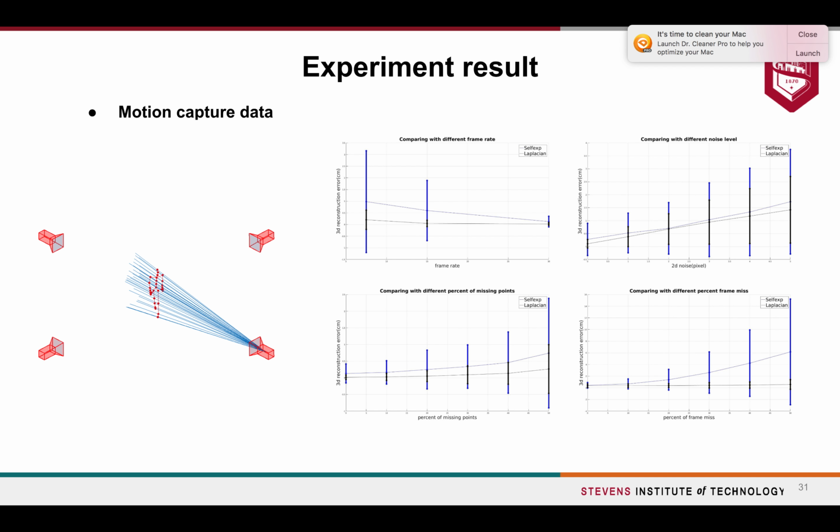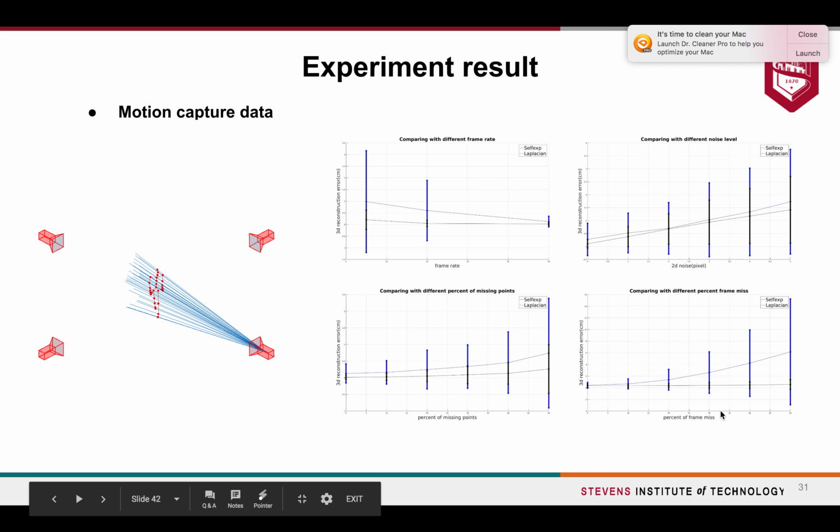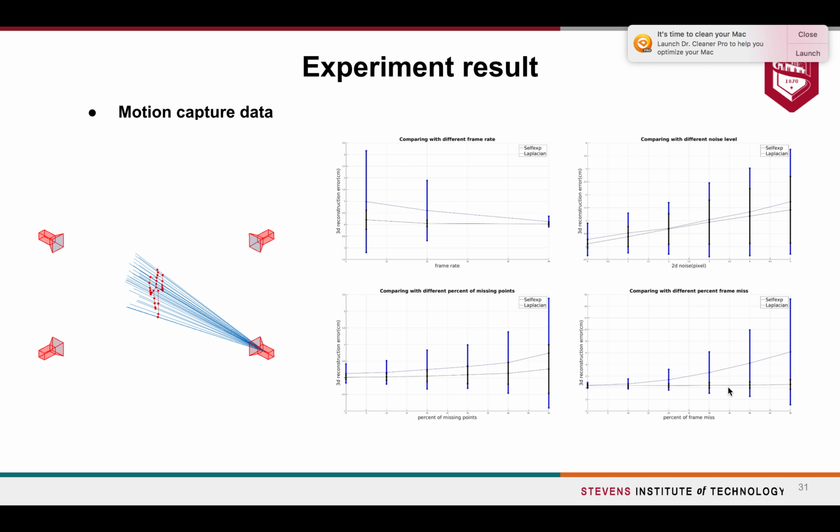The self-expressive method penalizes the self-expressive error equally, but we deal with this by weighting the self-expressiveness based on their distance. You can see that when randomly dropping more frames, our result is basically the same, but the self-expressive error increases a lot.